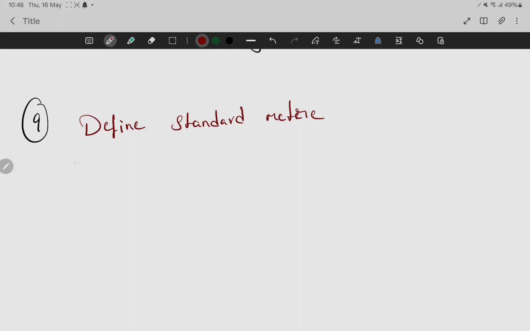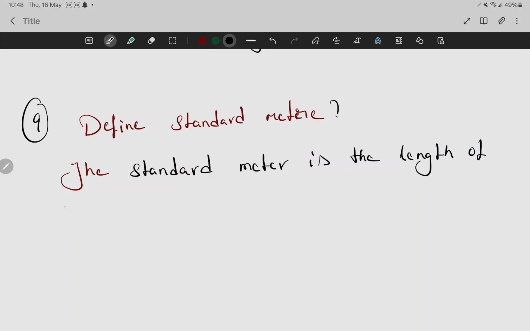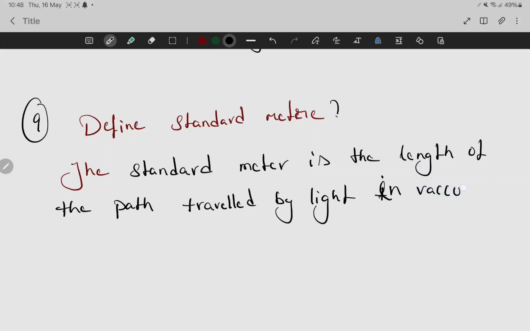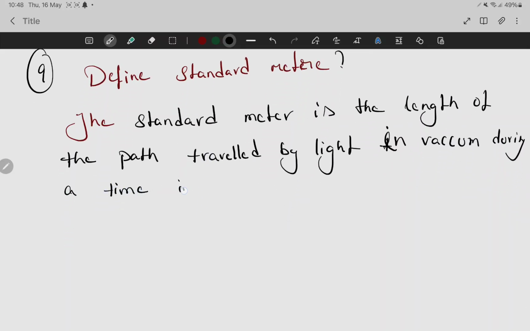The standard meter is the length of the path traveled by light in vacuum during a time interval of 1 by 299,792,458 of a second.